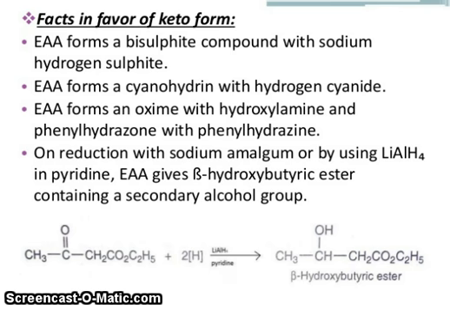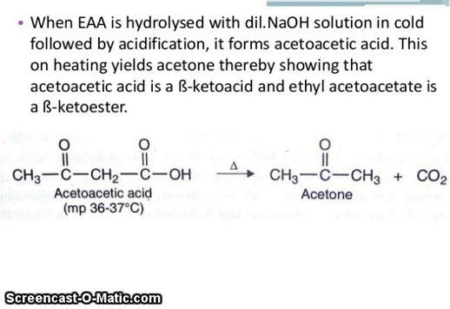You can see here the reduction. Now, when ethyl acetoacetate is hydrolyzed with dilute sodium hydroxide solution in cold followed by acidification, it forms acetoacetic acid, and this on heating yields acetone, thereby showing that acetoacetic acid is a beta-keto acid and ethyl acetoacetate is a beta-keto ester.